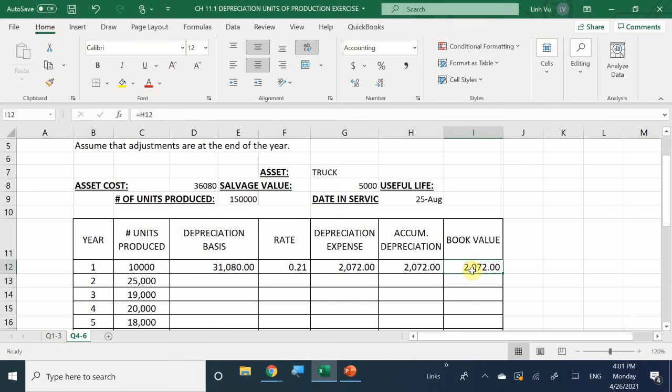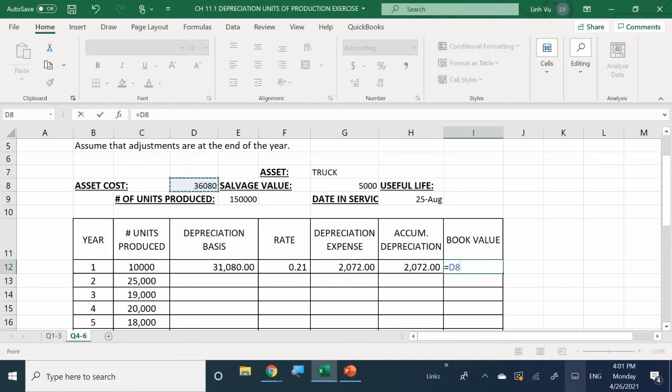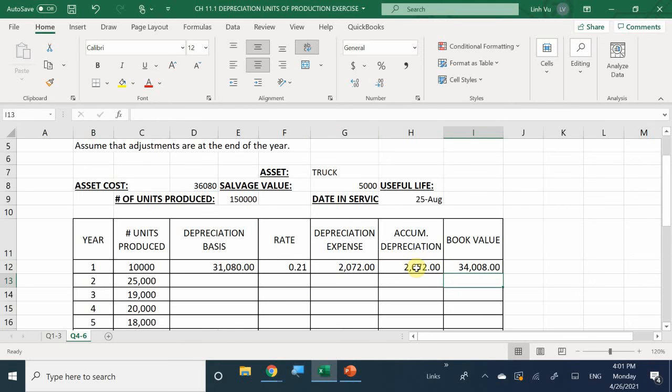Oh, wait, okay, let's do it again. The asset cost, F4, minus this. Good, $34,008. Okay, good. So what's my depreciation basis for year two?